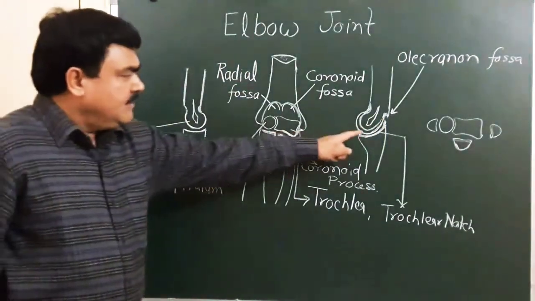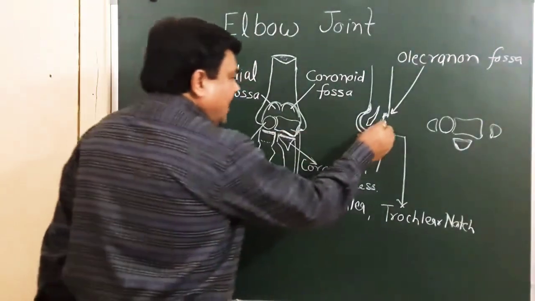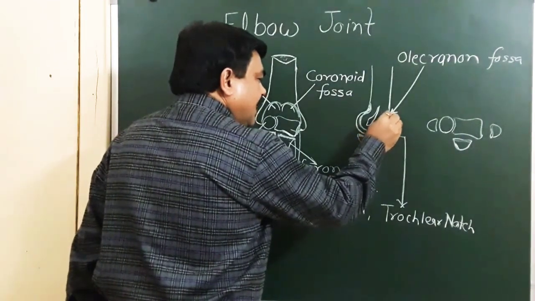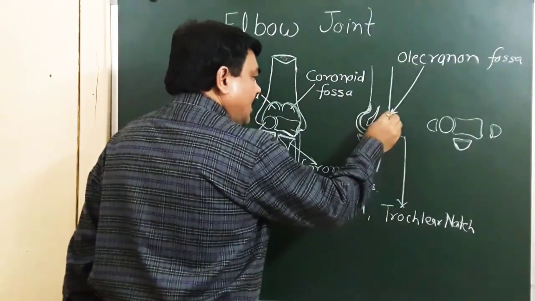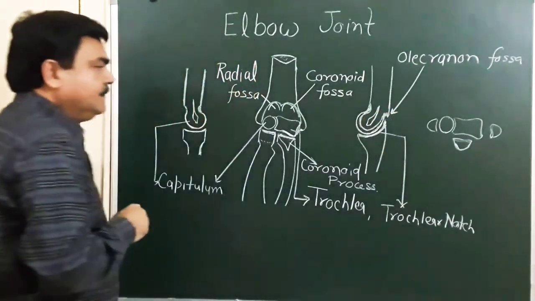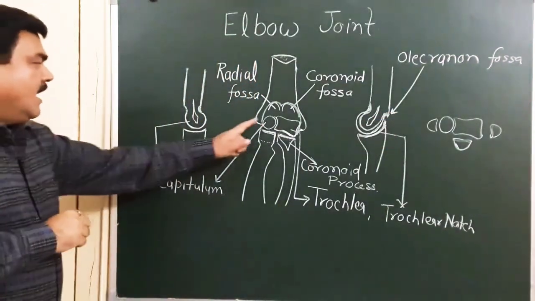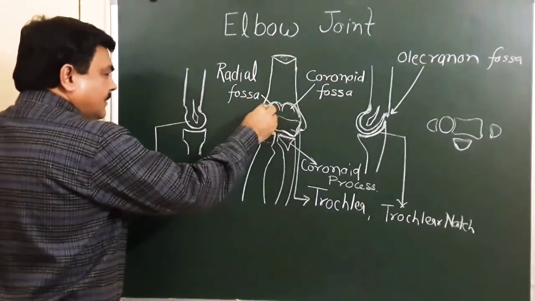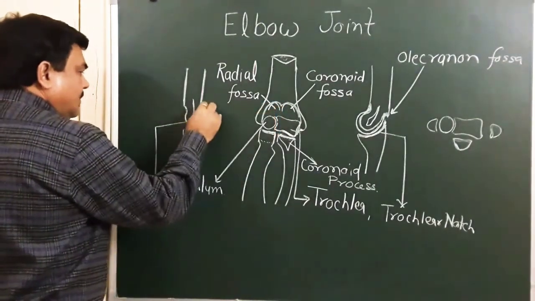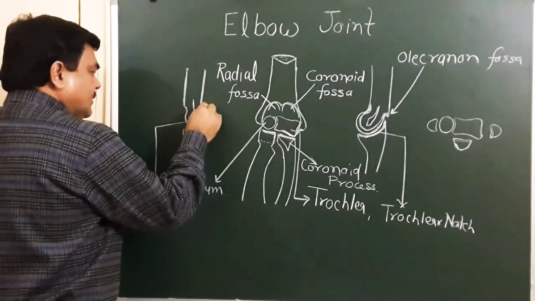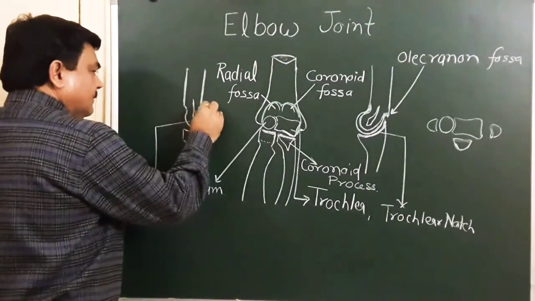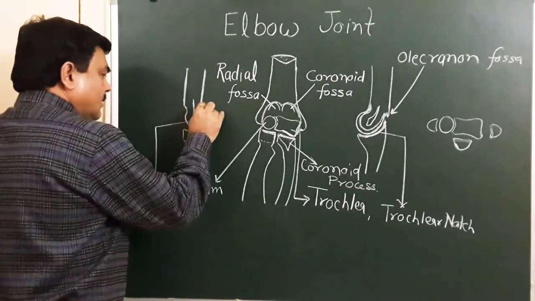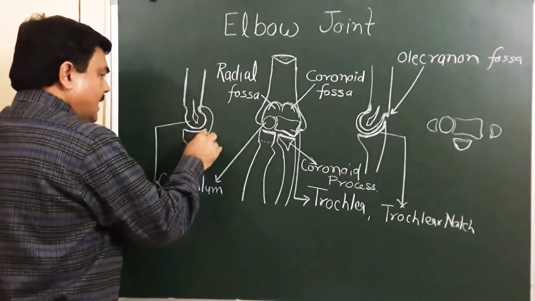This is the medial margin of the trochlea, and posteriorly it covers the margin of the olecranon fossa like this, and laterally here it covers like this.